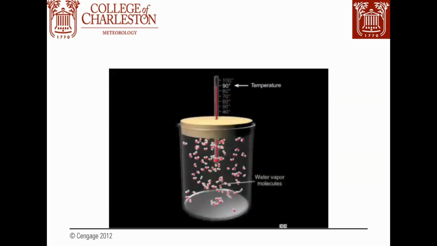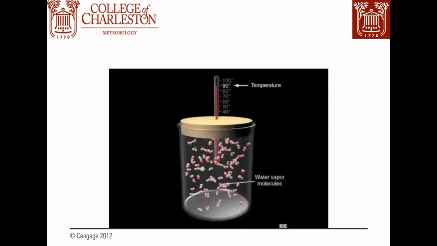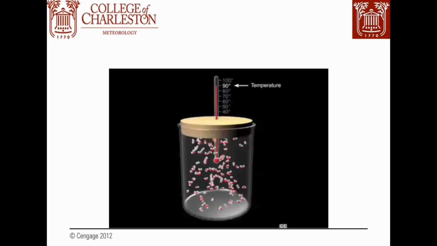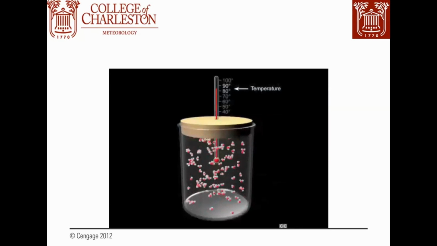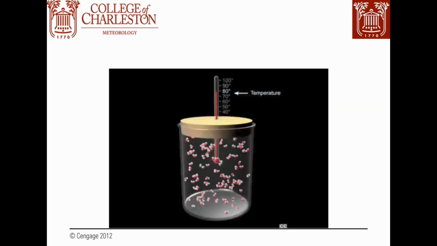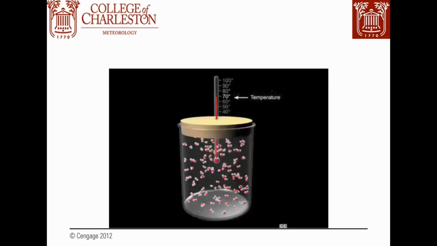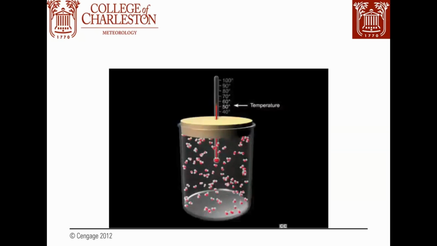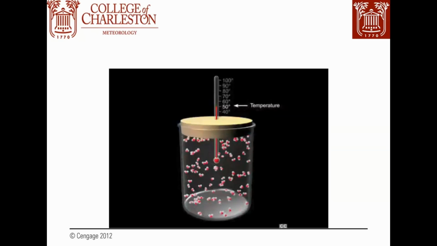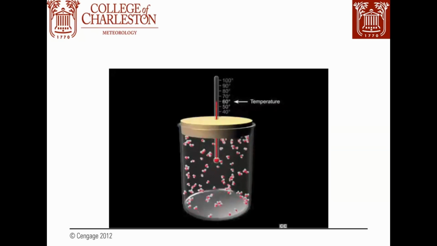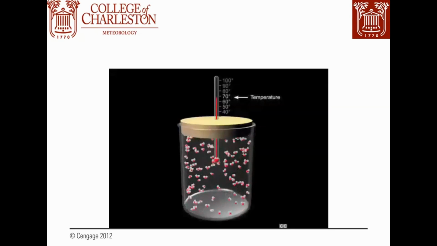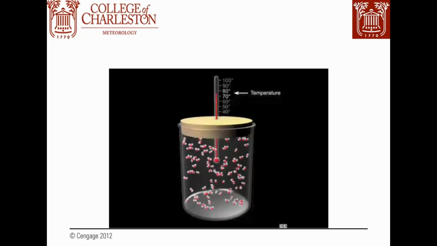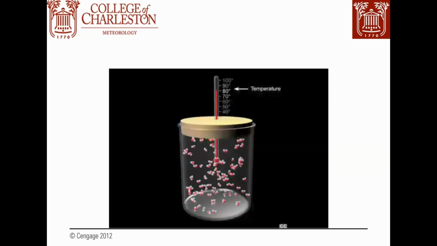To understand how gas molecules can condense on condensation nuclei, we must explain what temperature is. For a gas, temperature is a measure of the average speed or motion of the air molecules that is in the air. As you see in the animation, as the temperature decreases, the speed of the molecules decreases as well.